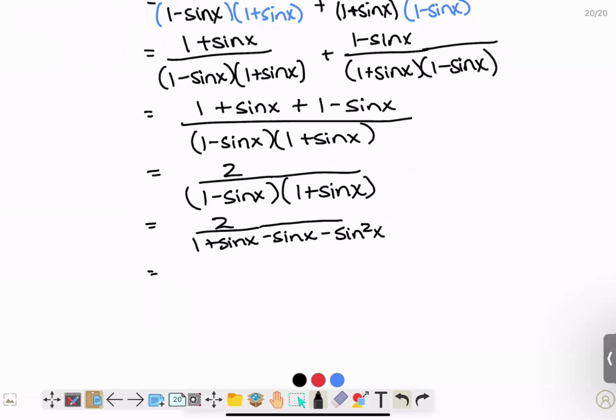Okay, so let's simplify that because these sines in the middle will cancel each other, and that'll leave us with 1 minus sine squared x.